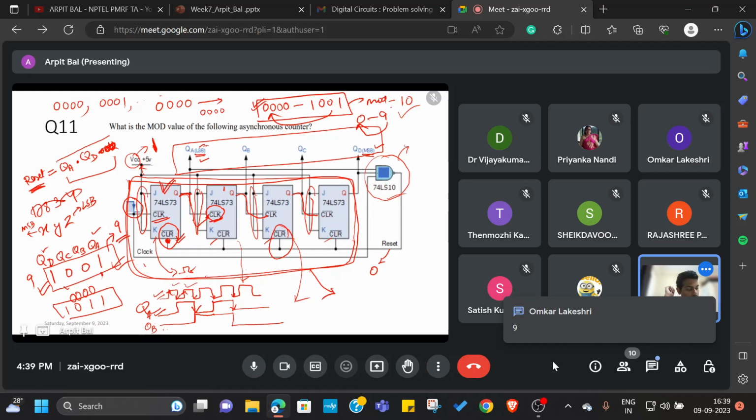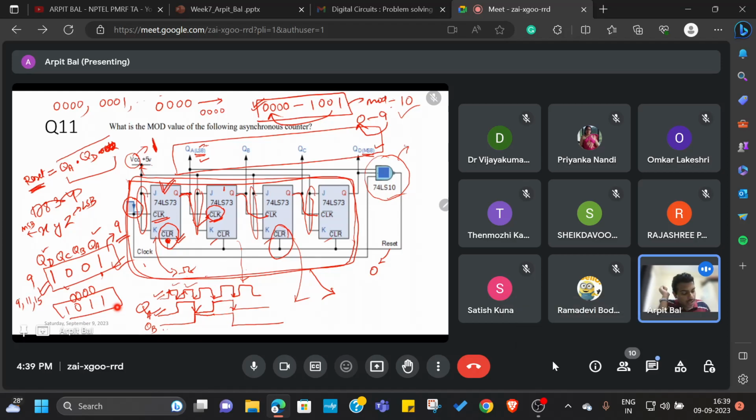Nine, correct. Okay, what can be any other value when QD and QA will be 1 1? Yeah, it can be 11, it can be 15, it can be anything, right?